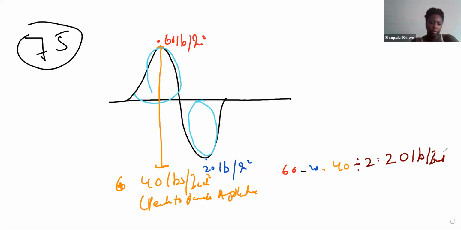I have a question. Yes, my dear. This is one of the questions that I found difficult. How would you know to subtract versus divide on this one? Listen, dear. What did they give you?